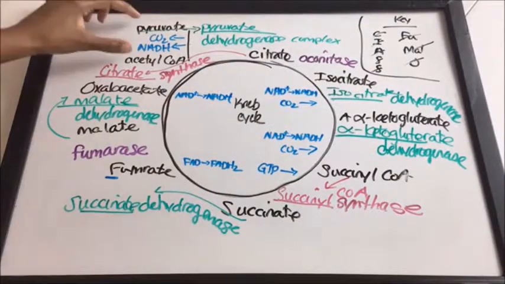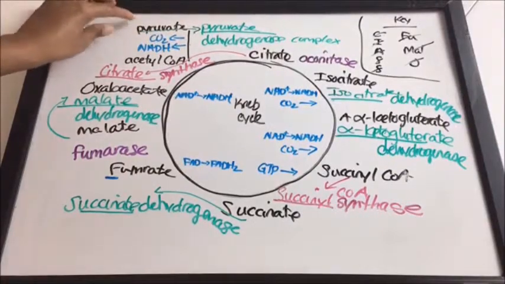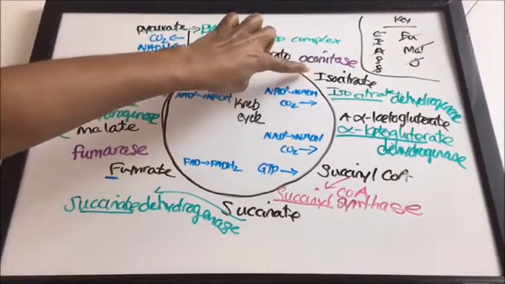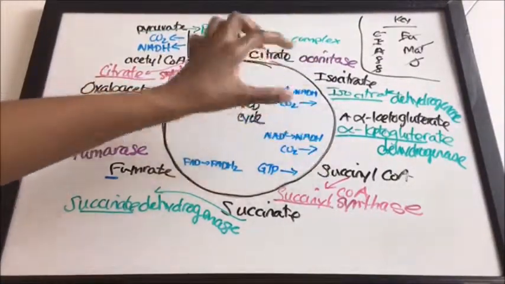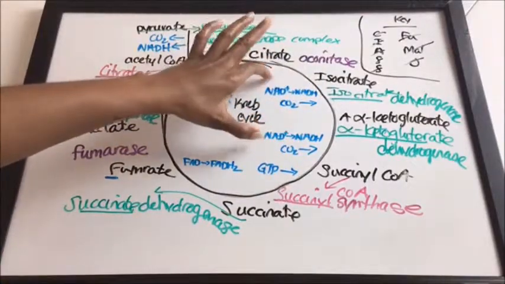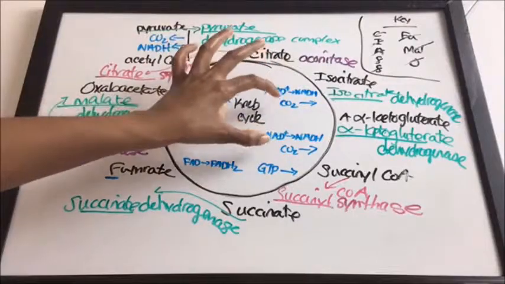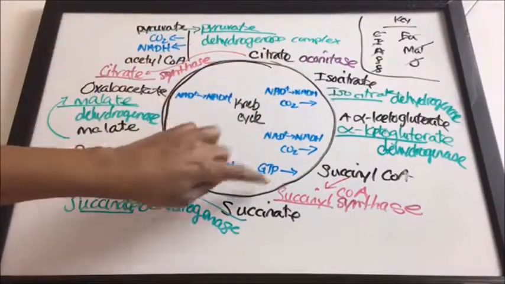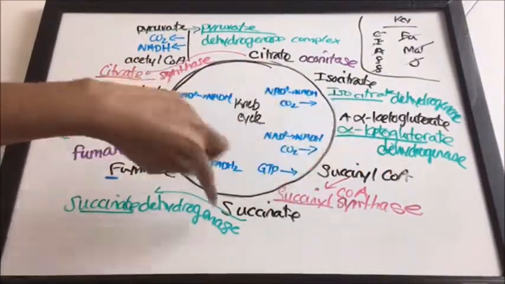All right. Carbon dioxide, NADH, between pyruvate and acetyl-CoA. Between isocitrate and succinyl-CoA, there are two reactions. NAD plus converting to NADH, and carbon dioxide leaving the reaction. Between succinyl-CoA and succinate, GTP leaves the reaction.